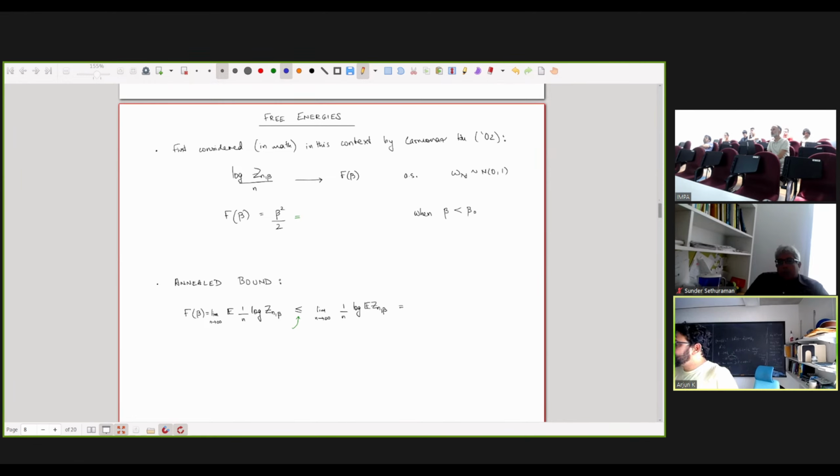They considered Gaussian weights, and they showed that F beta, the free energy, which is the limit of the log partition function, exists, and they did it using subadditivity, the subadditive ergodic theorem, as one typically does in this model. And they showed that it's equal to beta squared over 2 when beta is small.